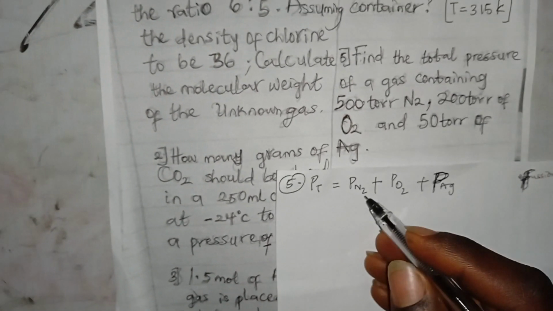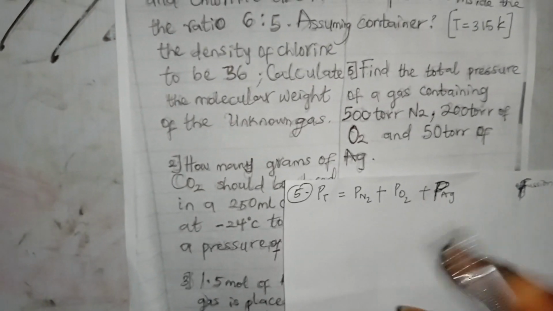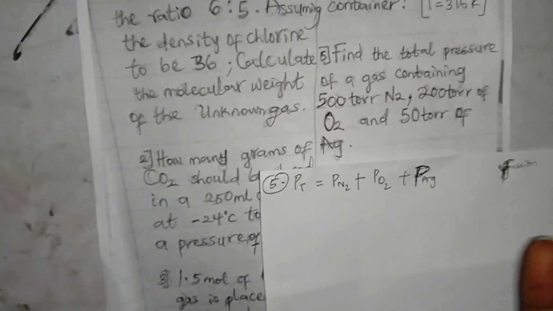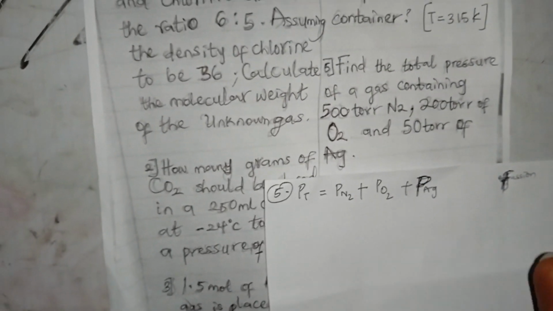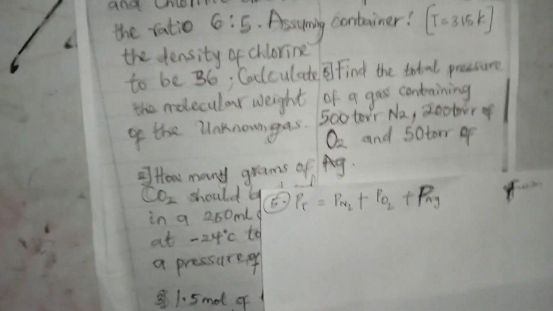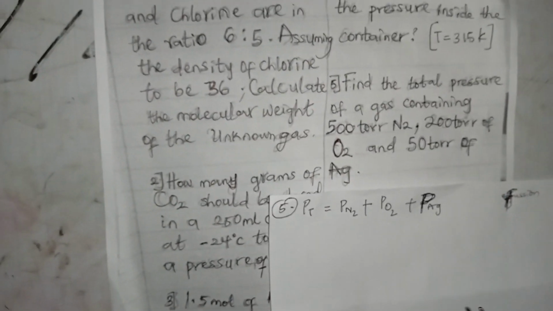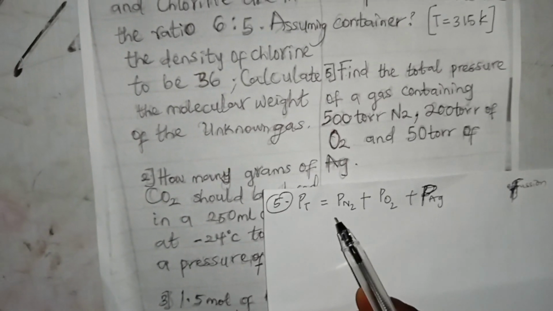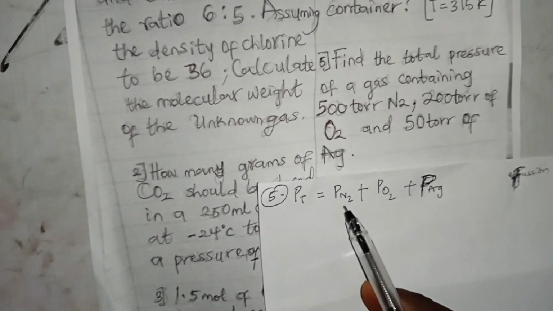So when you see questions on two gases, then asking you for the density, molar mass, or the weight, no, it's Graham's law of effusion. When you see it's giving you everything and then asking you for one, no, it's PV equals nRT. Now when you see a question asking you for total pressure, no, it's Dalton's law of partial pressure.